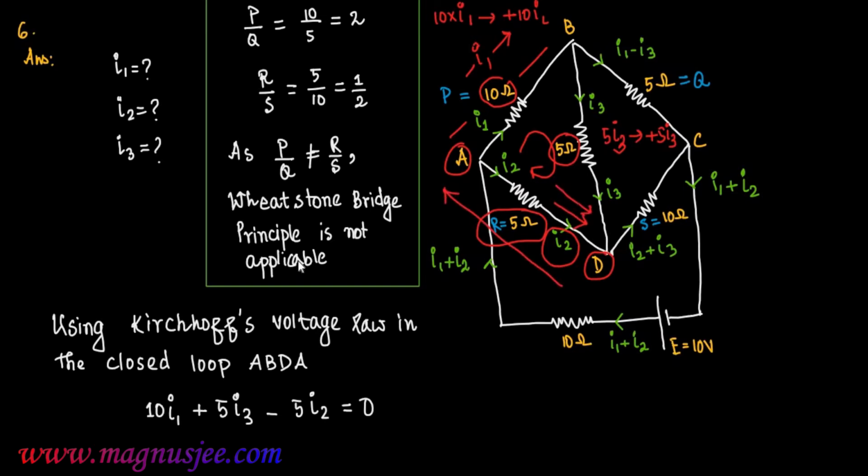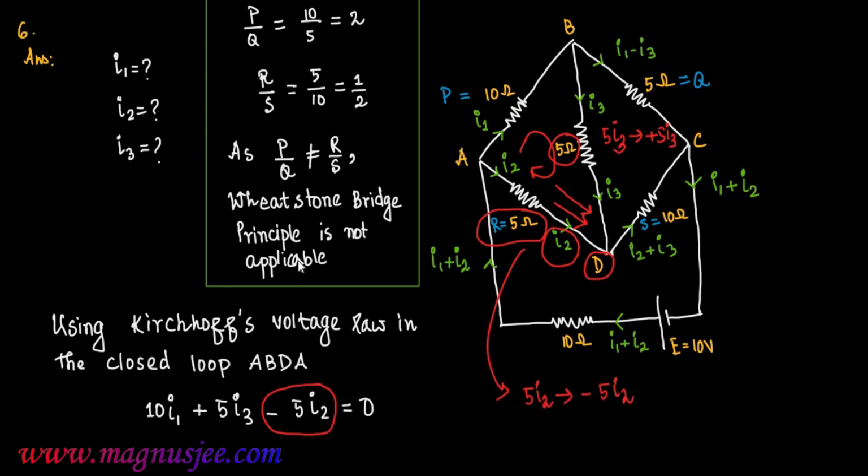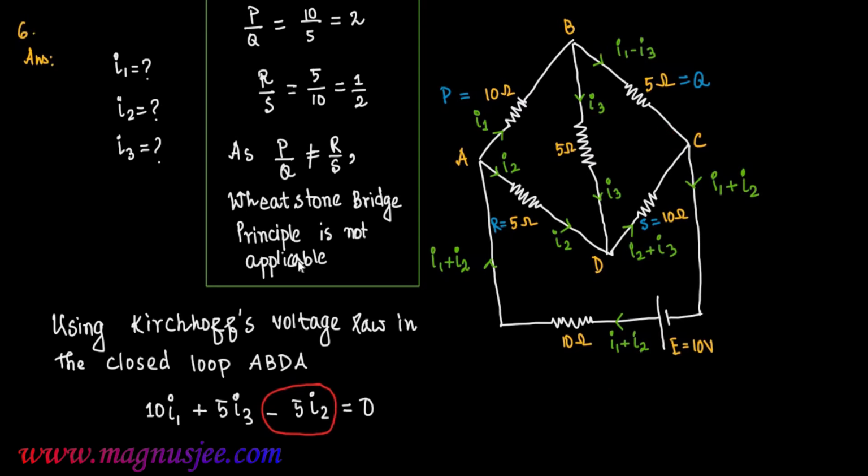That's why the potential difference across the 5 ohm resistor will be negative, so in the equation we have taken 5 I2 as negative. So using Kirchhoff's voltage law in the closed loop ABDA, we get 10 I1 plus 5 I3 minus 5 I2 equal to 0, or 2 I1 plus I3 minus I2 equal to 0.